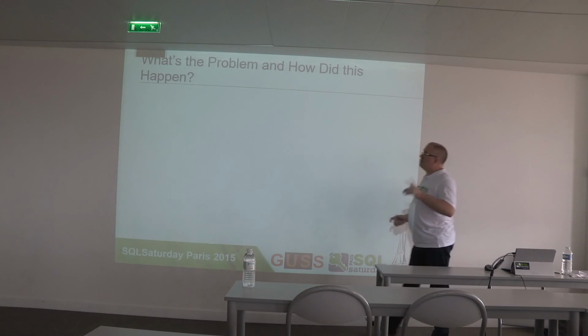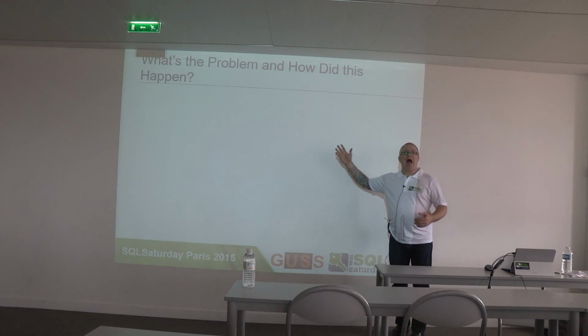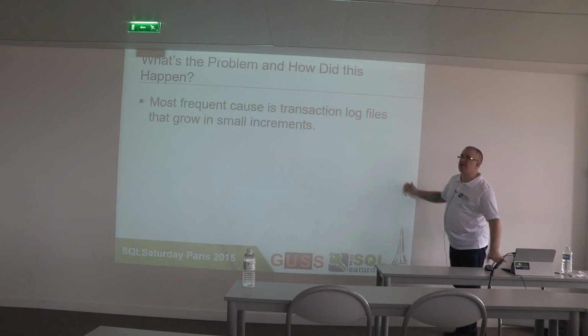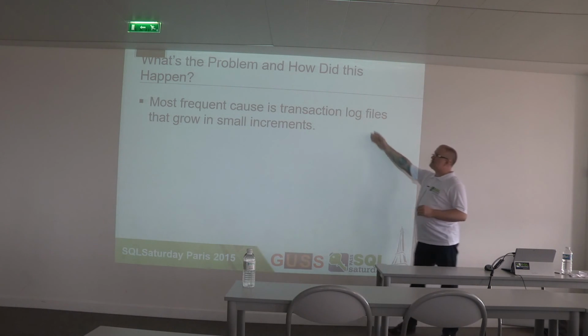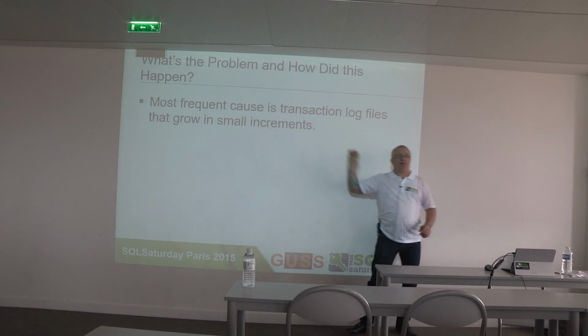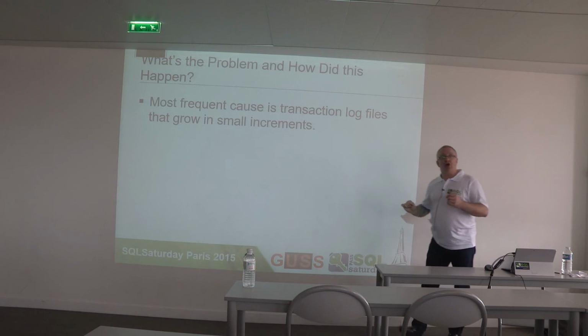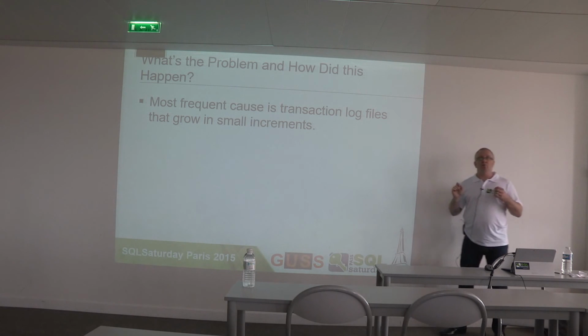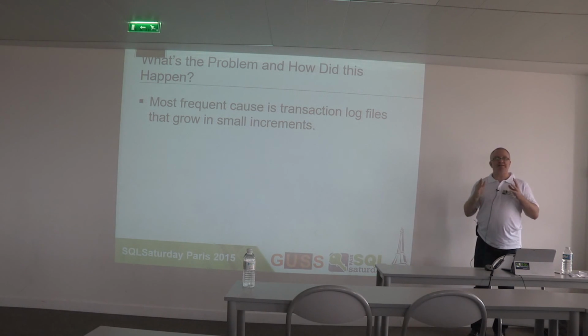So there is a problem with virtual log files. And the question is, how does it happen? Like I said, the most frequent cause is transaction log files that grow in small increments. And those small increments tend to start with when we're doing those percentage-based growths, and we start with a small transaction log file.